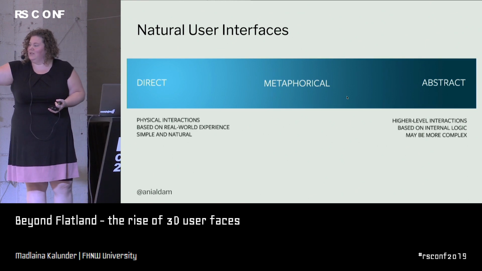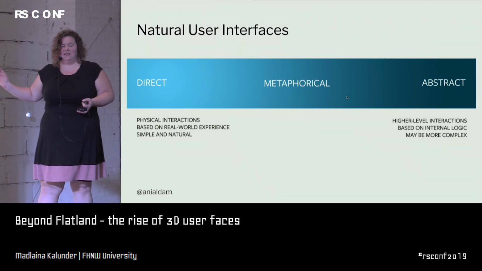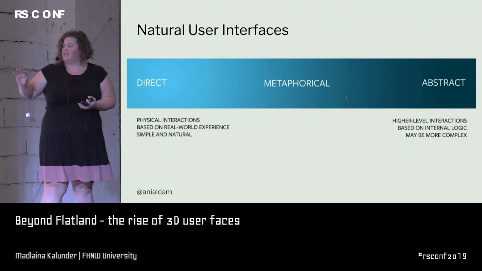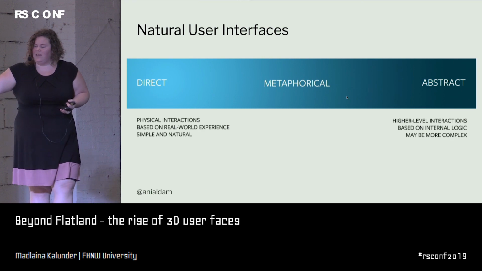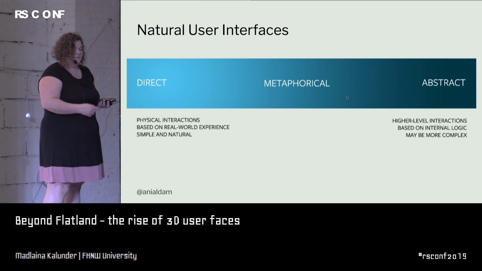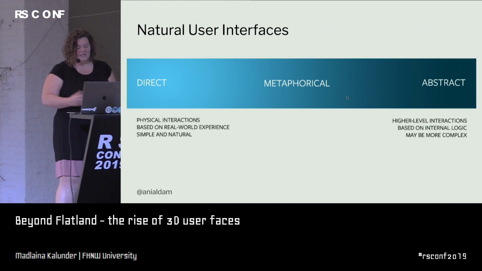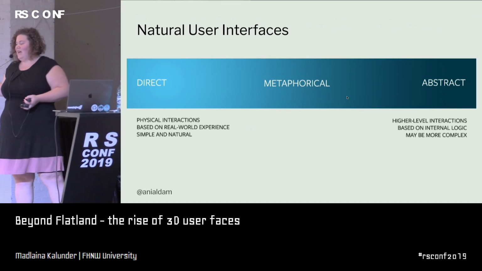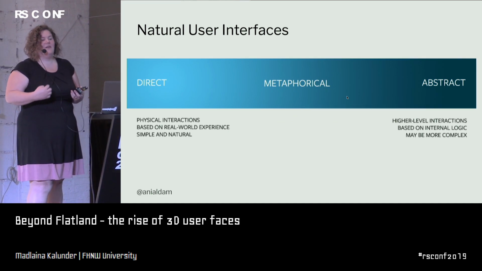And here we also have a scale that shows how those interactions could be done. It's a scale from direct to abstract. Direct inputs are mostly physical interactions based on real-world experiences, simple and natural. Abstract interactions are higher-level interactions that you actually have to learn.